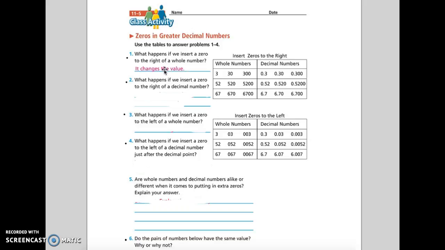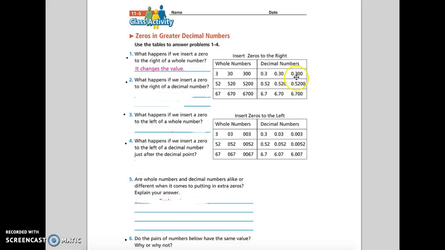So it changes the value of the number. Now, what happens if we insert a 0 to the right of the decimal? I do the same thing and put the 0 to the right of the number on a decimal. I have 3/10ths, and then I have 30 hundredths, then I have 300 thousandths.